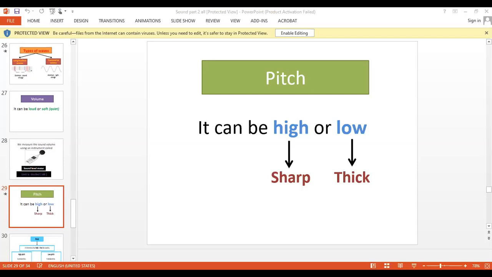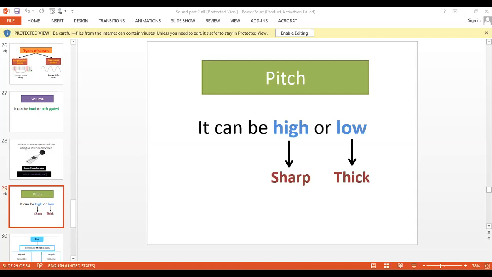The high pitch is produced by shorter objects and stretched objects. And in this part, we brought the guitar, and I showed you that when I hold the string at a specific area where the part that I'm going to pluck is long, it's going to produce a low pitched sound.